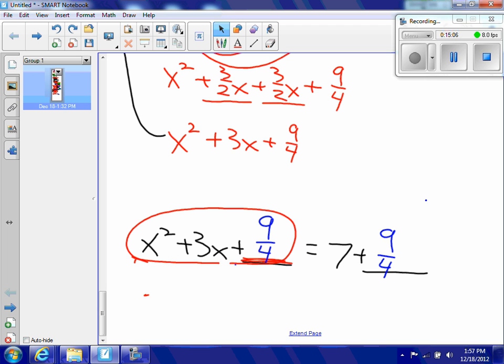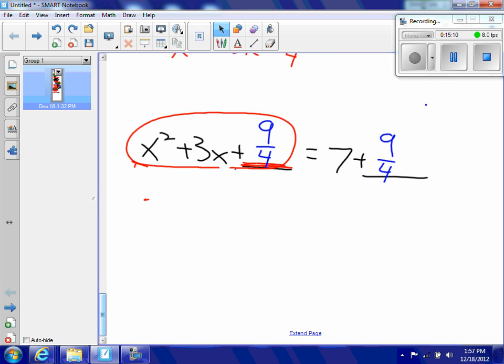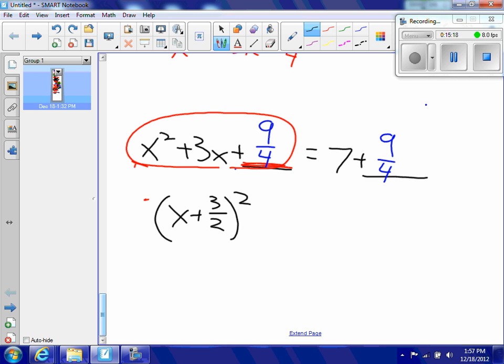Okay, so let's just finish this problem up. Now it's pretty easy. This is now turned into x plus 3/2 squared is equal to, well, let's call this 28/4 plus 9/4.